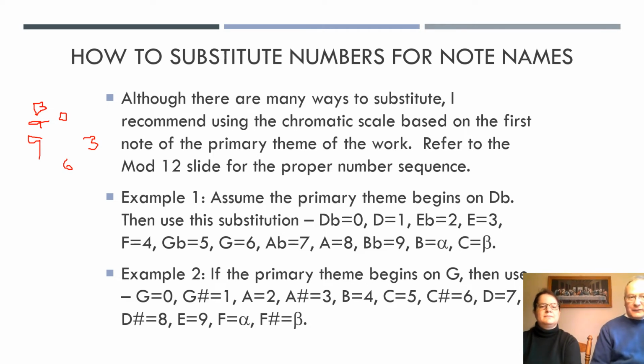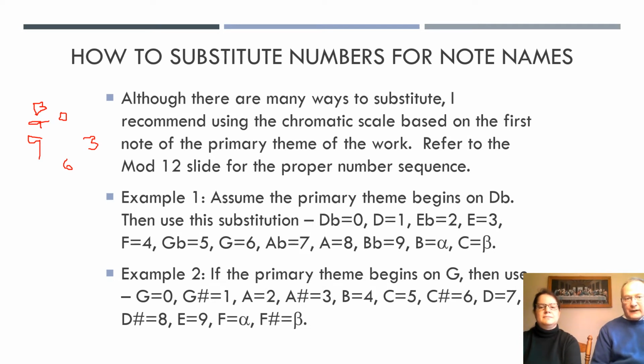Okay, so assume the primary theme begins on D flat, then you can use this substitution if you're going to base it on the chromatic scale, the first note of the primary theme. So if you have D flat, then set that equal to 0. D is a half step above D flat, 1.